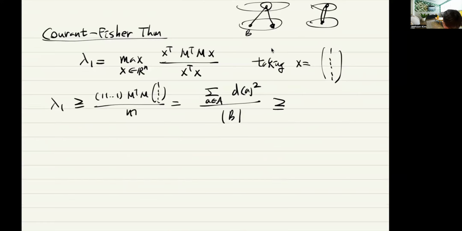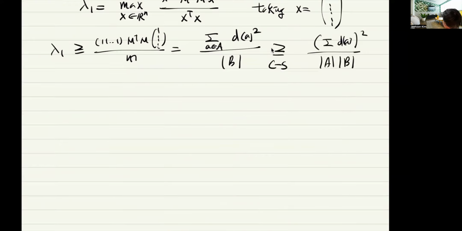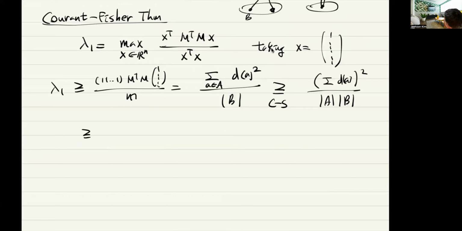But using Cauchy-Schwarz, what's this? You take out the square and then divide by the size of A and the size of B. We know that the size of A plus the size of B is at most n.